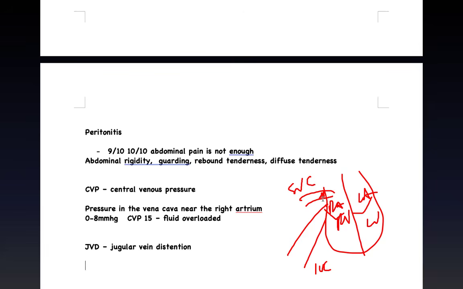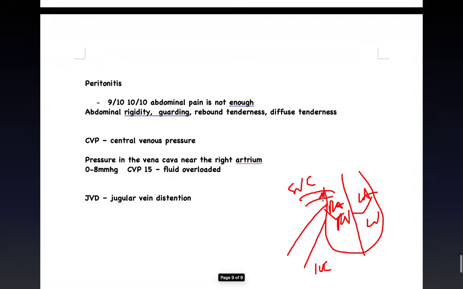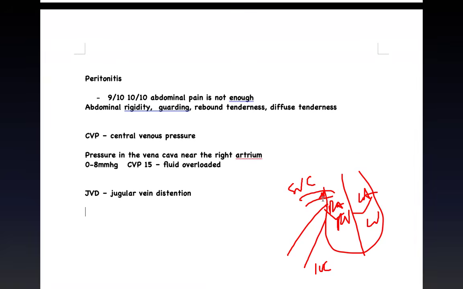The pressure in the jugular is the jugular vein pressure itself, which is in your neck. But the way they measure it is based on the sternal angle or right atrium angle, which is very, very important. If they give you a question, pay attention to it.